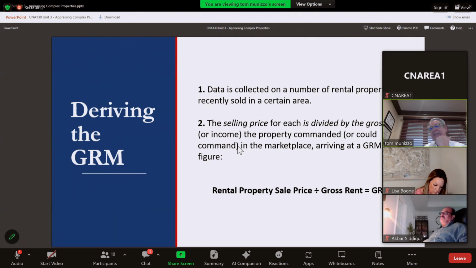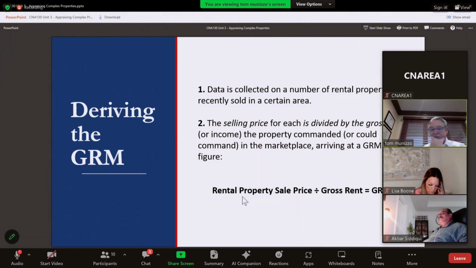So, a nice and simple formula here. To start, you look for rental properties that recently sold. The selling price is divided by the gross rent, arriving at a gross rent multiplier.